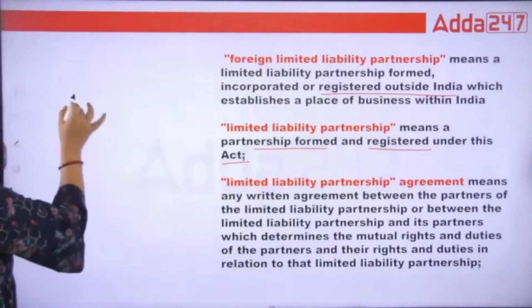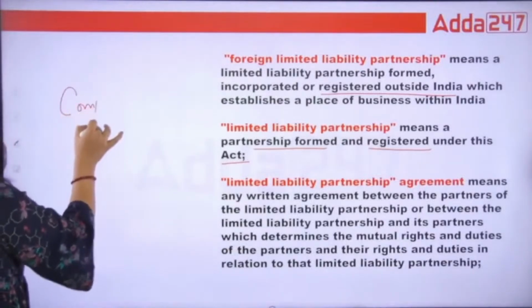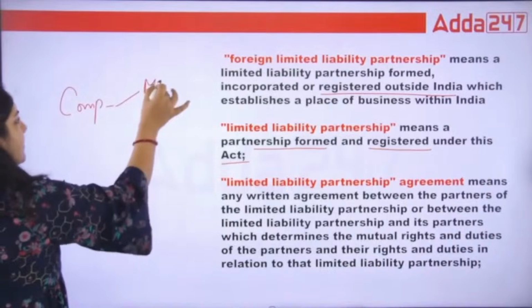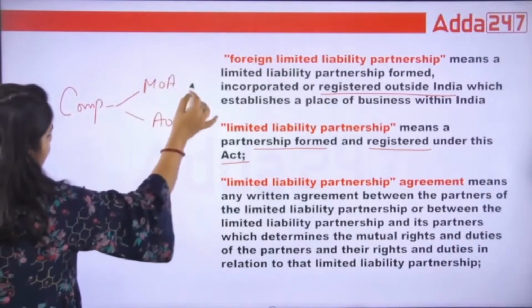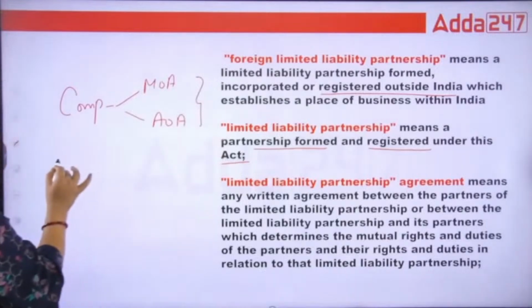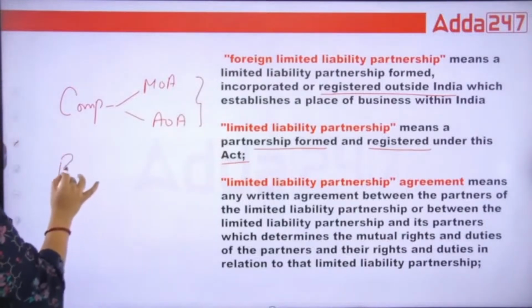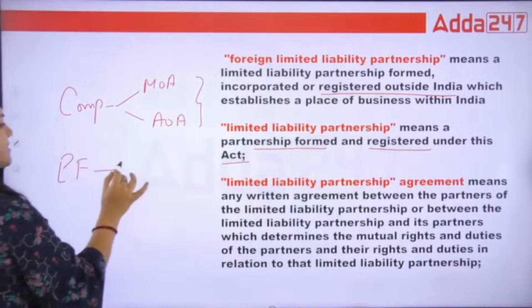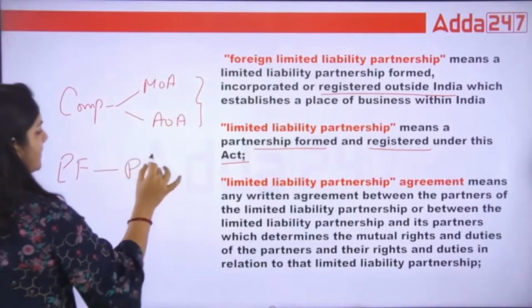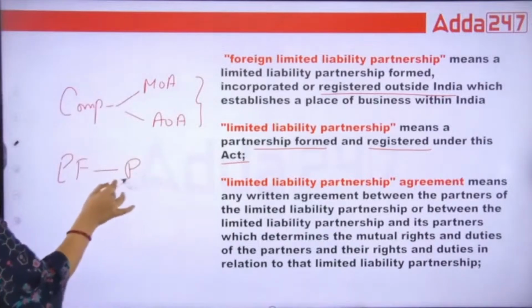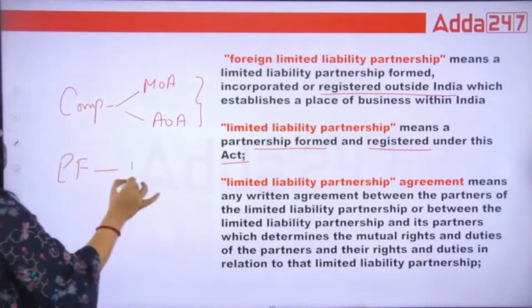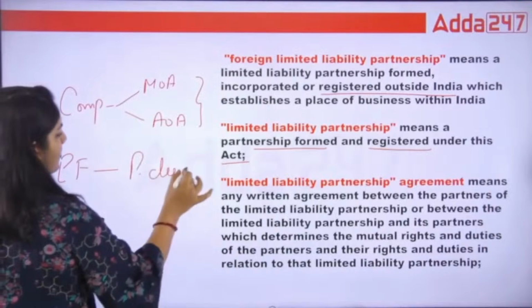Just like if we talk about the company, it has a memorandum of association and articles of association, which are important, right? If we talk about the partnership firm, it has a partnership agreement, or you can say the partnership deed. Partnership deed is an important document.